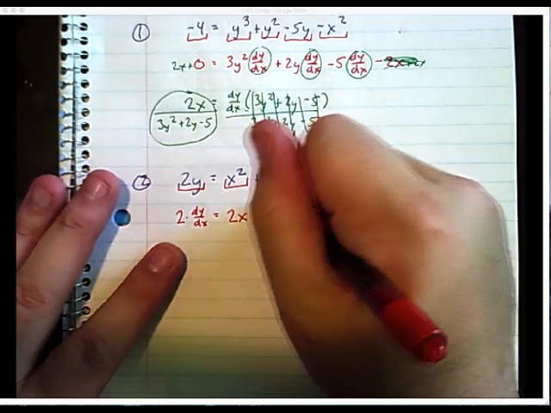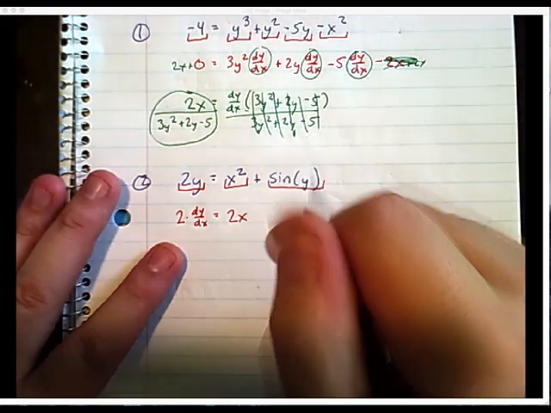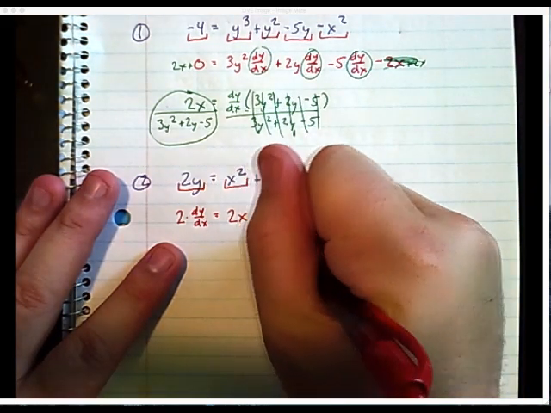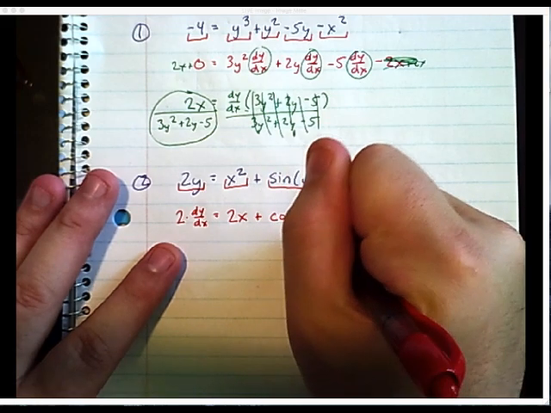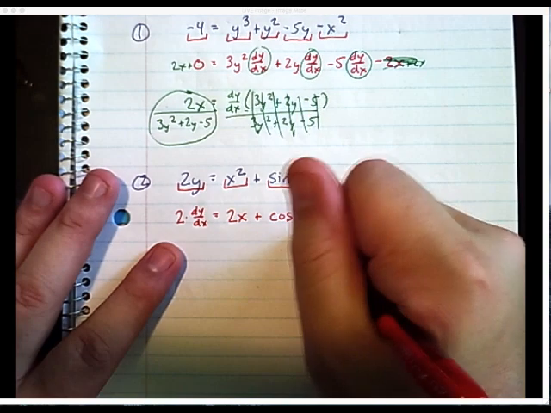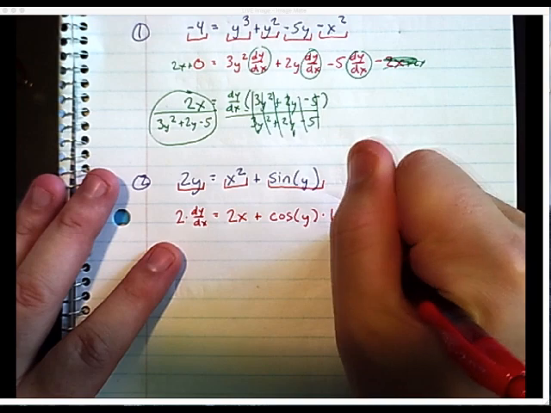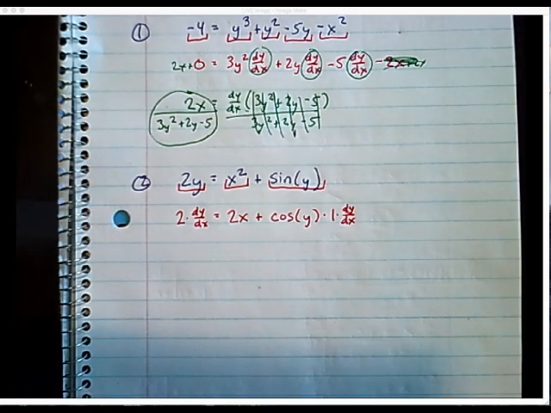Now the derivative of this thing is a chain rule. So the derivative of sine of anything is cosine of whatever's inside times the derivative of the inside. Well, the derivative of y would just be 1, but since it's got a y on it and you take a derivative, you need a dy over dx.